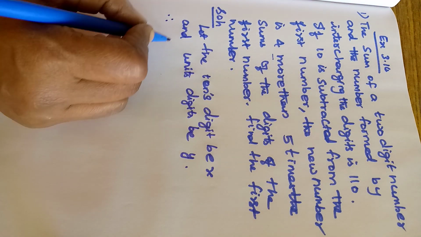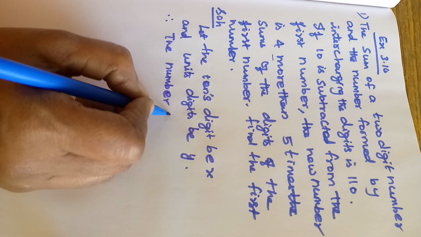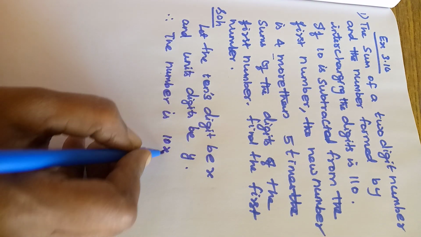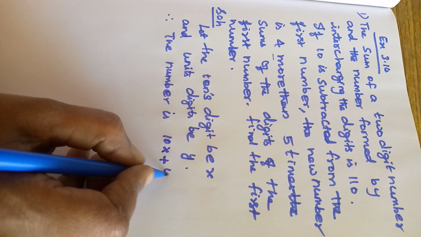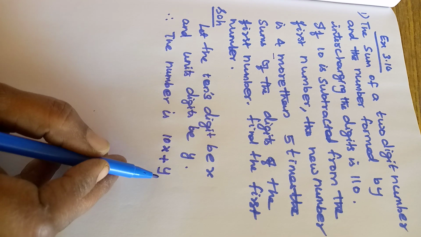Therefore, the number is: the tens digit is x, so 10x, and the unit digit is y. So, the number is 10x plus y.